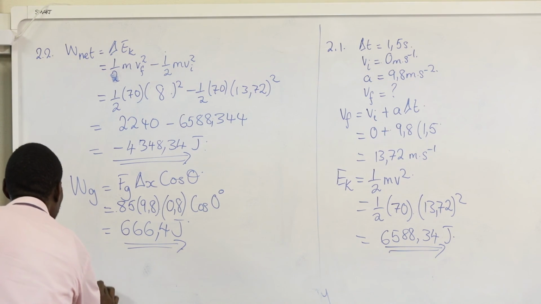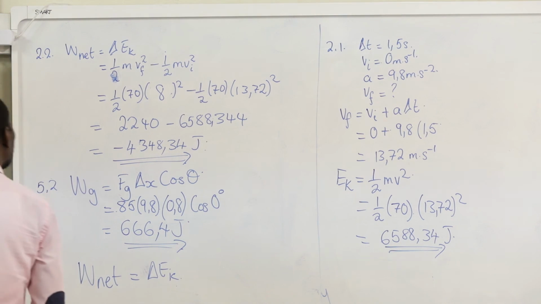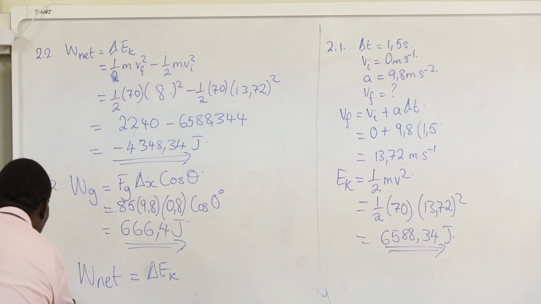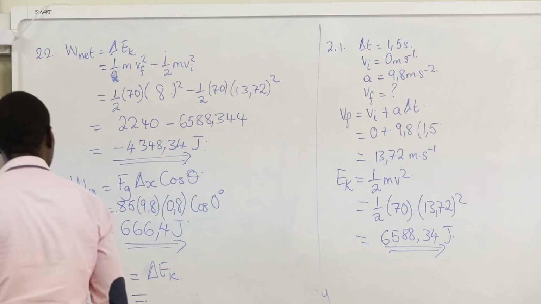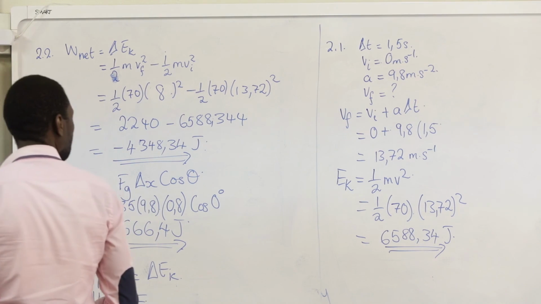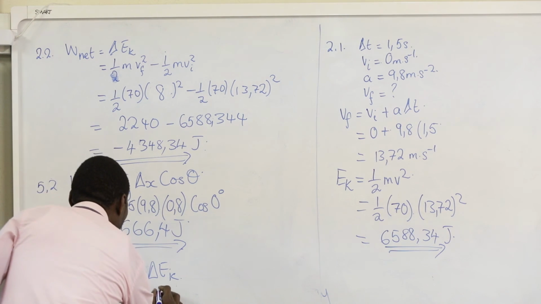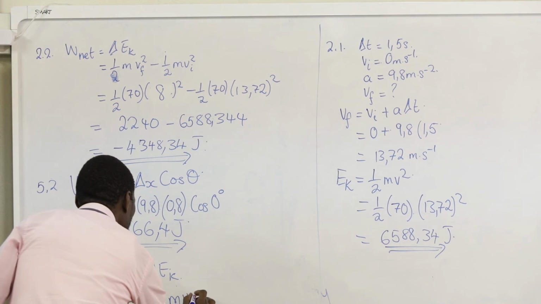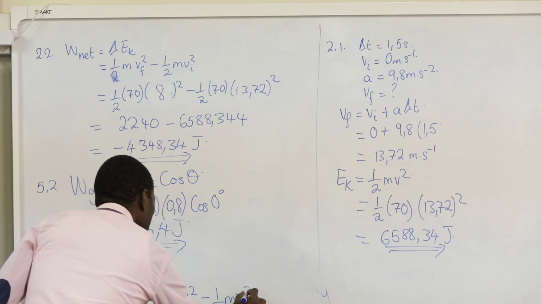So I want you, using W net equal to change in EK, to then apply your knowledge and calculate for the individual by subtracting work done by friction from work done by gravity and equate it to the change in EK, which is simply found by multiplying half mass velocity final squared minus half mass velocity initial squared.